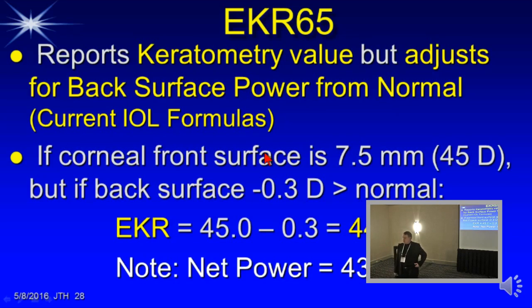So the result is that you still end up needing a quarter of a diopter more against the rule than you would have calculated even when you use the EKR65. Okay? So the point is, the easiest way to look at that is this.